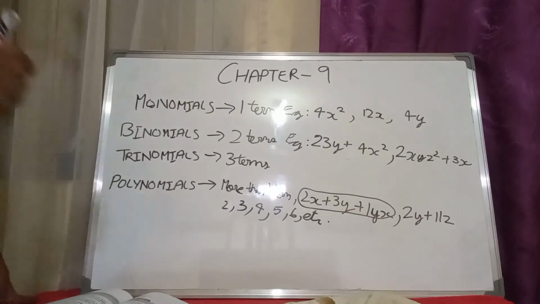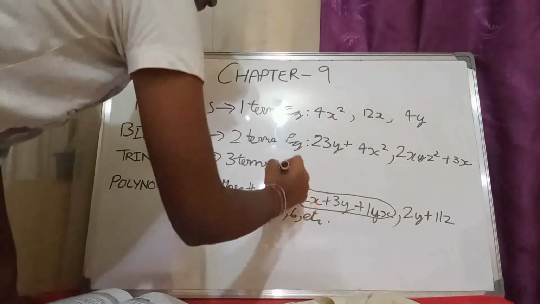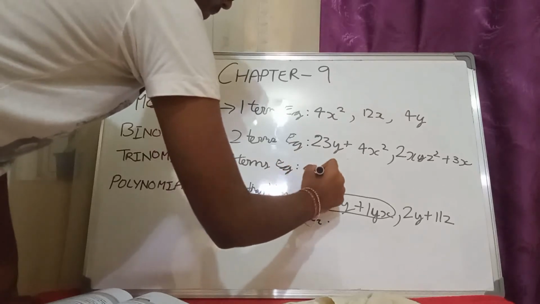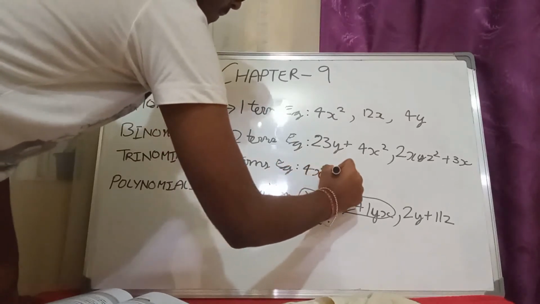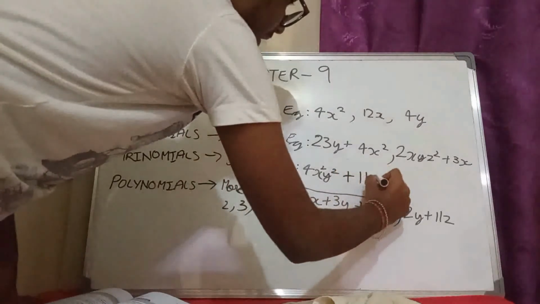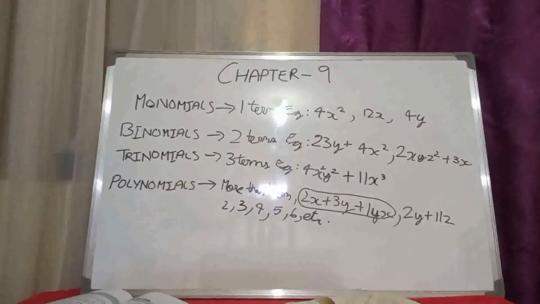This is a type of trinomial because it has three terms. For another example we can have 4x square y square plus 11x cube. This is a type of trinomial.